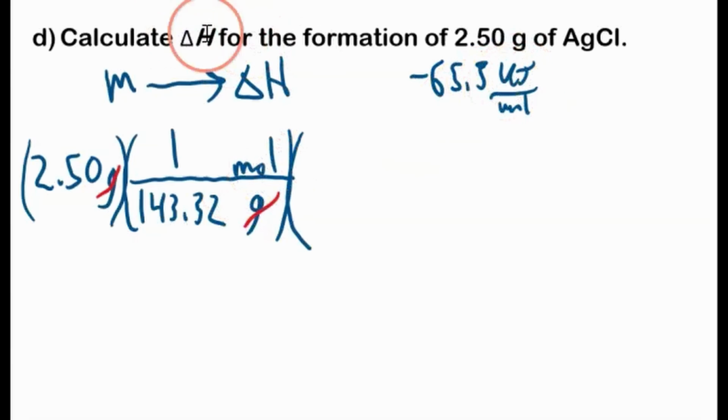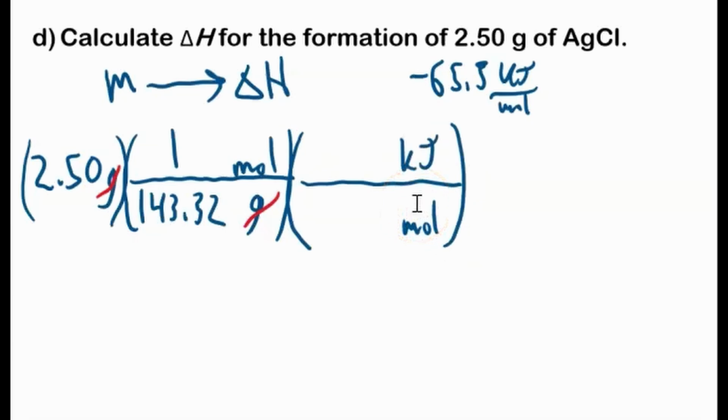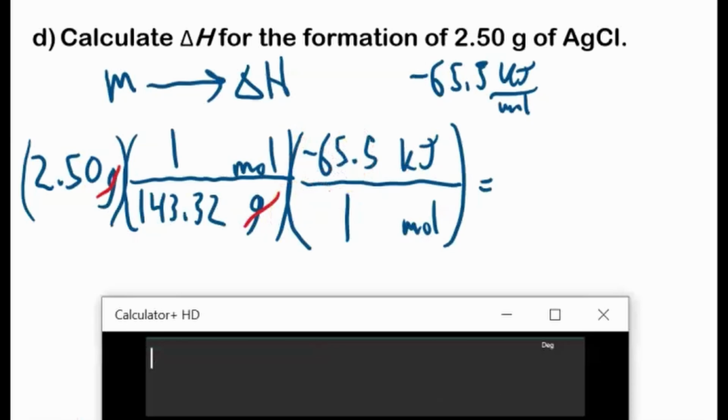We want just kilojoules, because we want delta H. So we want moles to cancel out. For every 1 mole that reacts, we release negative 65.5 kilojoules of energy as heat. Okay, we'll plug that into our calculator: 2.5 divided by 143.32 times negative 65.5.